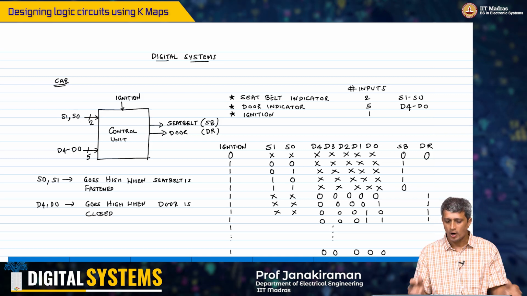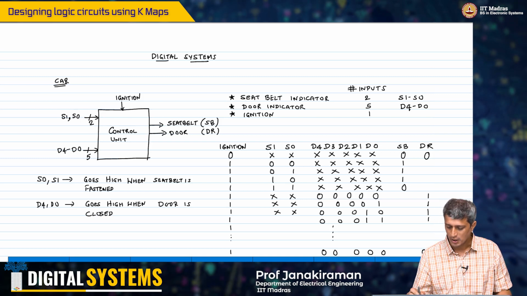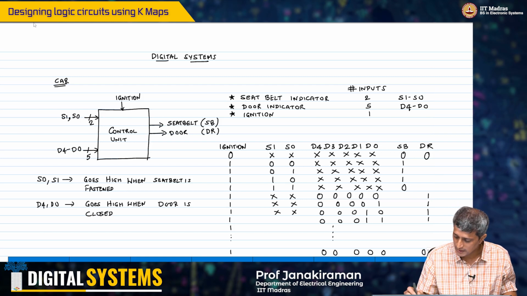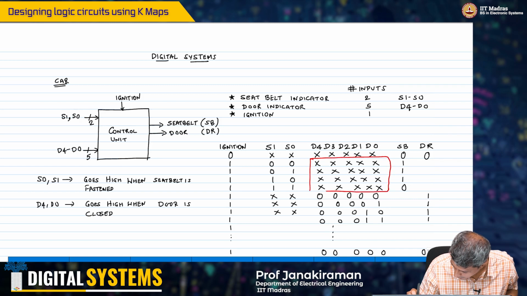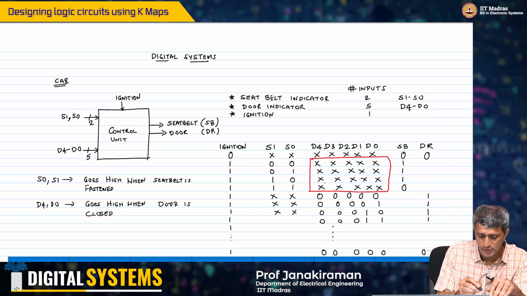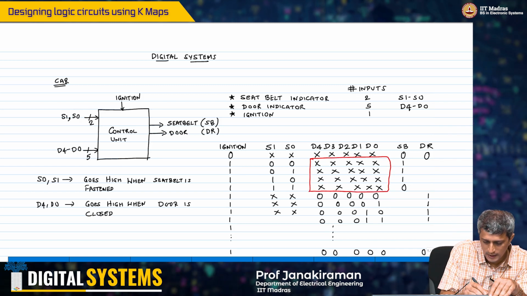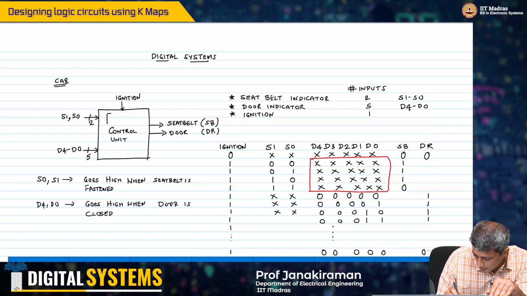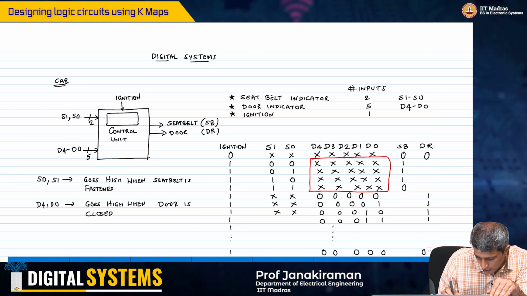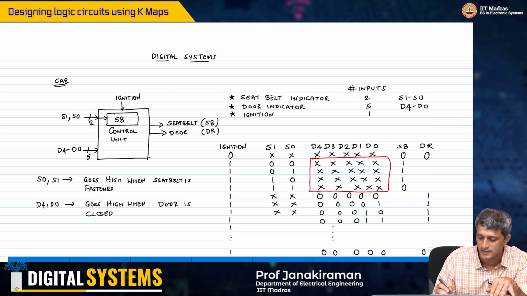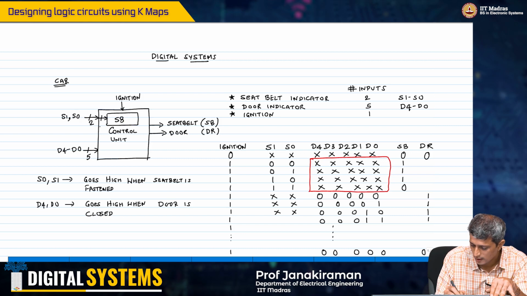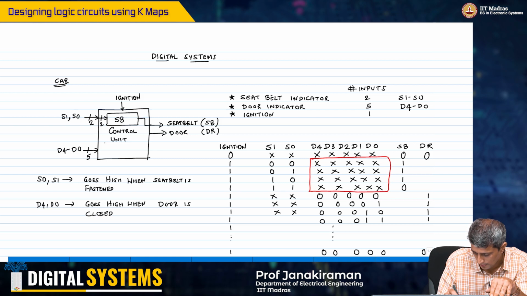So effectively, what do we mean by this whole thing here? It basically means that inside this control unit, I have a block that controls the seat belt, that takes the ignition input and this seat belt input, two signals, and simply controls this.